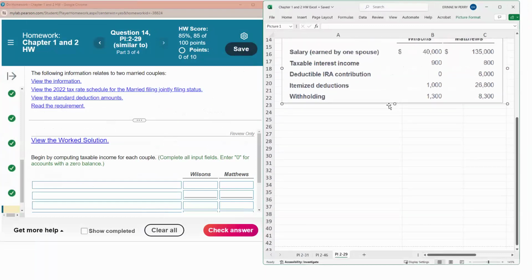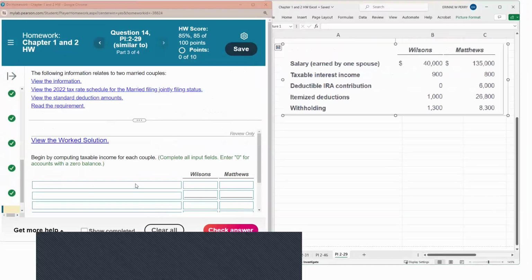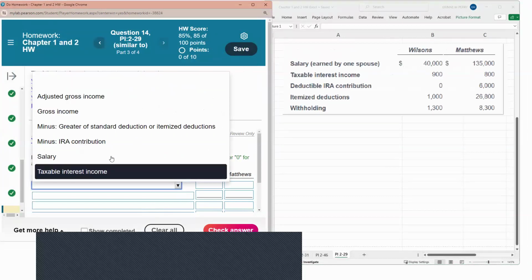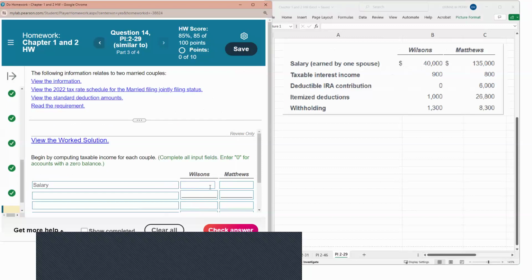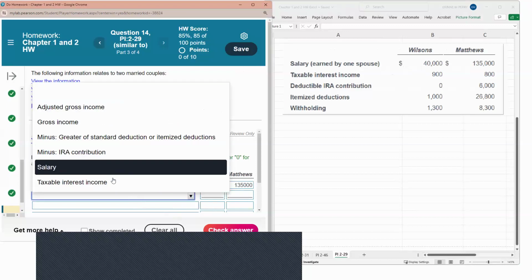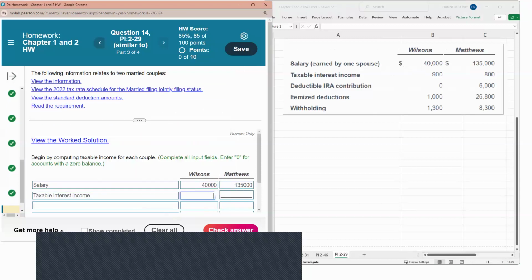All right, so here we have the Wilsons and we have the Matthews. So for the Wilsons, we start off with salary. For the Wilsons, it lets us know $40,000 worth of income. For the Matthews, they have salary of $135,000. Then it also lets us know that they have some taxable interest income. So because it's taxable, we obviously report it. For the Wilsons, taxable income of $900, and for the Matthews, $800.